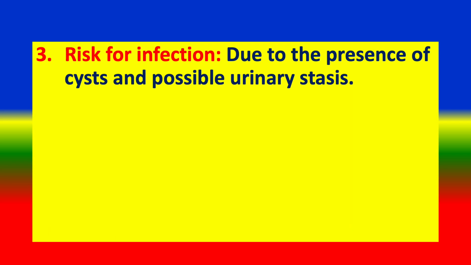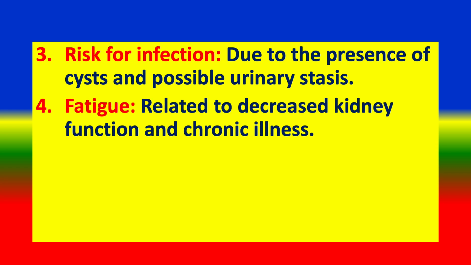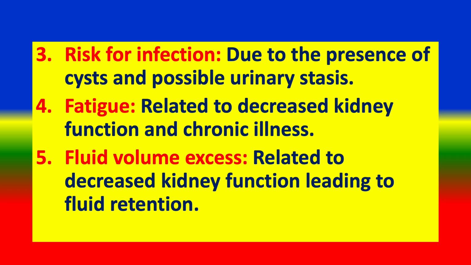Risk for infection due to presence of cysts and possible urinary stasis. 4. Fatigue related to decreased kidney function and chronic illness. 5. Fluid volume excess related to decreased kidney function leading to fluid retention.